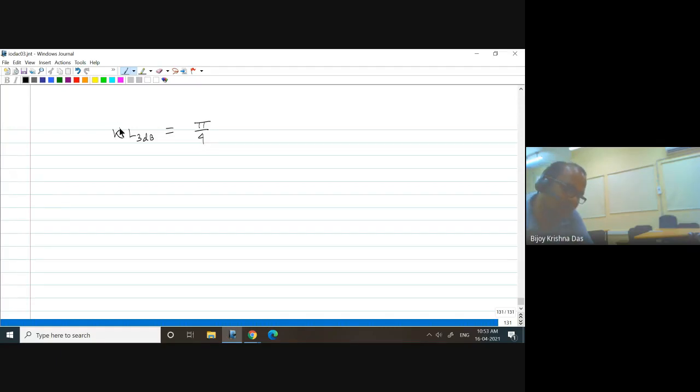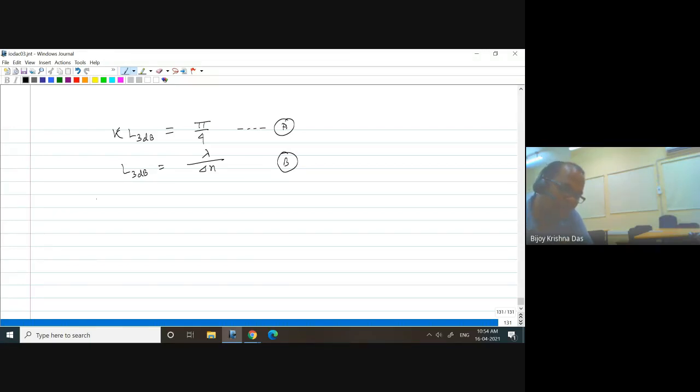Earlier I have calculated the kappa value, right? Now I know that in this expression L3 dB equals lambda by delta n, so this is equation A, and this is equation B. Compare A and B.